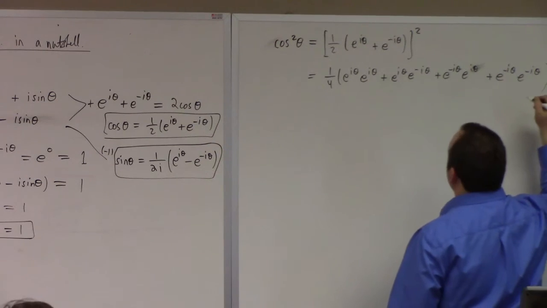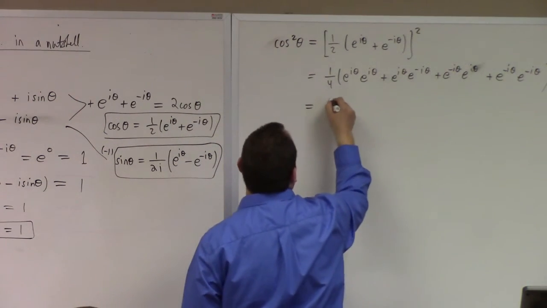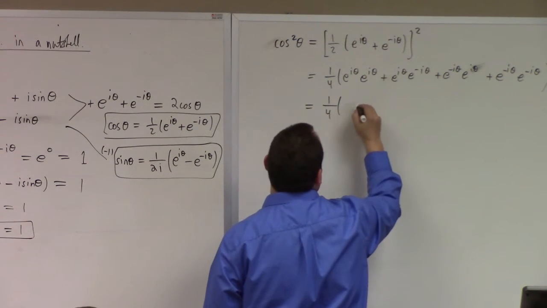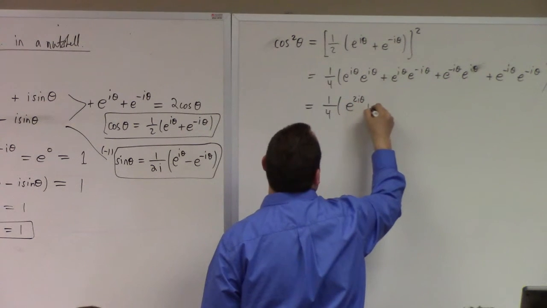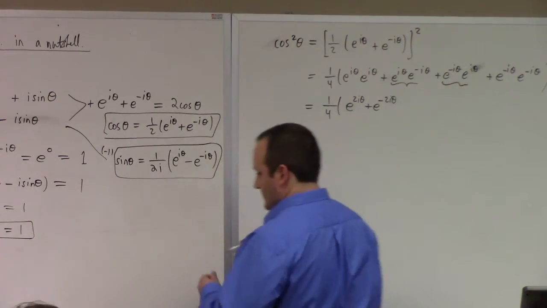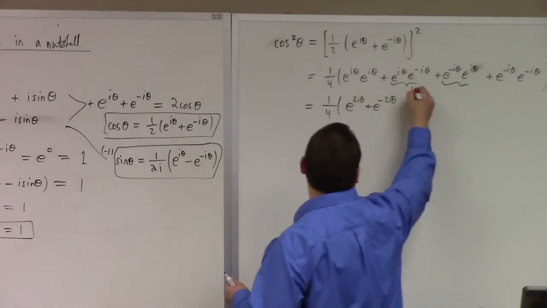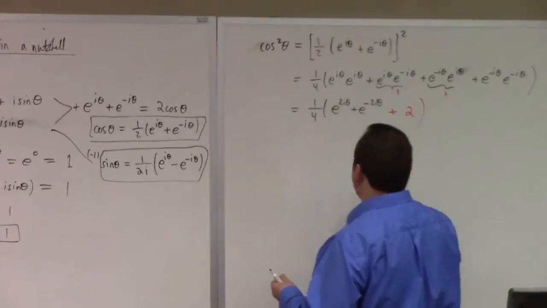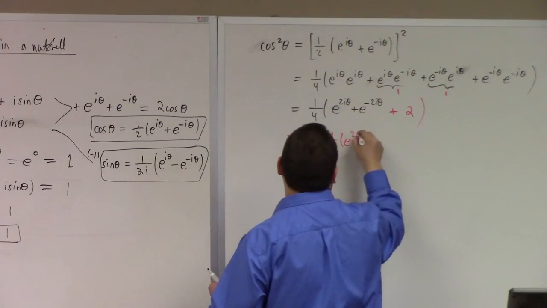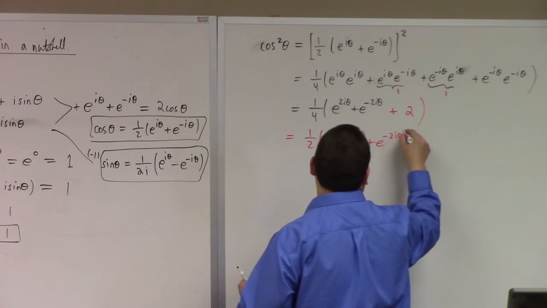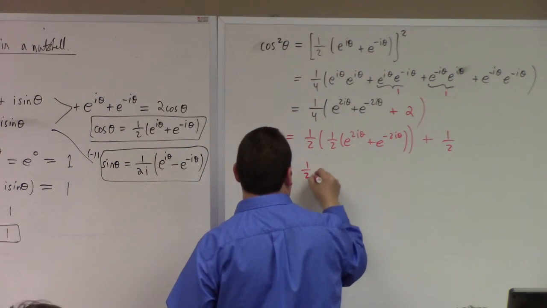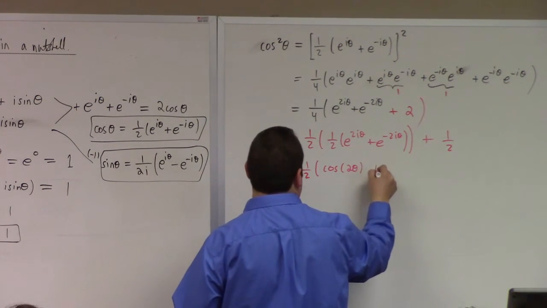When you FOIL it out, what is that? What are these? 1. 1. So this is plus 2. So I have 1/2 of 1/2 (e^(2i theta) + e^(-2i theta)) plus 1/2. Hey, what's that? That's 1/2 of (cosine of 2 theta plus 1).